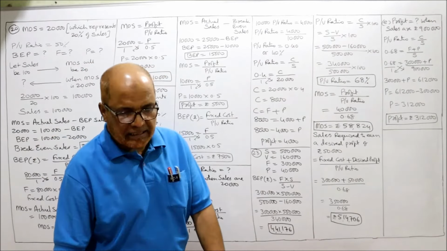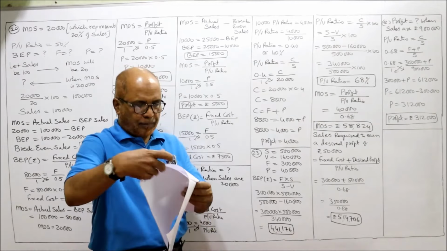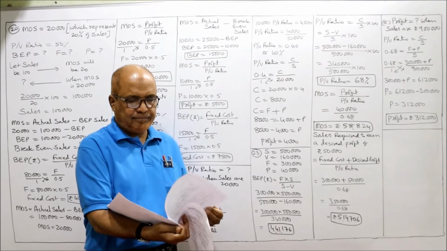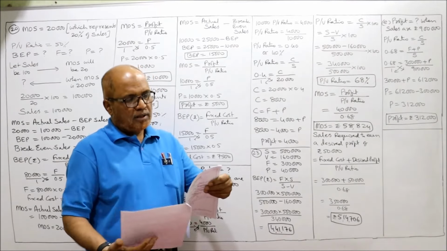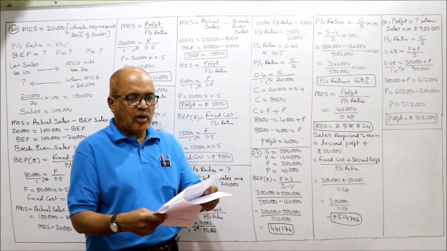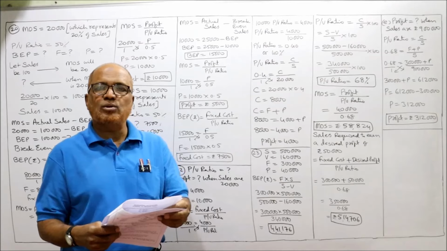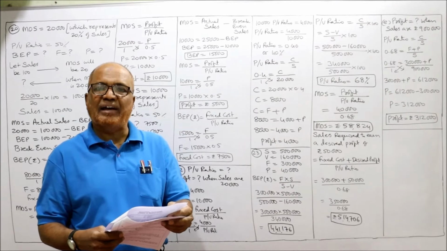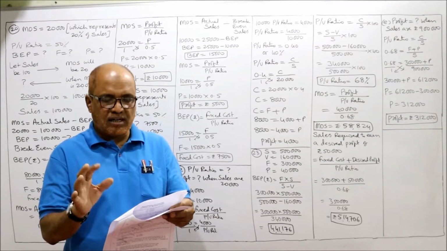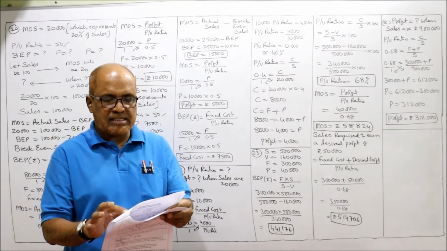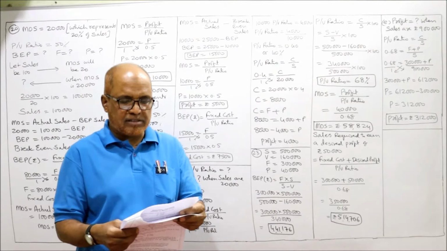Now the 23rd. See problem number 23. The following information is related to Kakatiya Cements Limited. Sales 10,000 tons, rupees 5 lakh. So we are concerned with the total sales. Total sales are 5 lakh rupees.